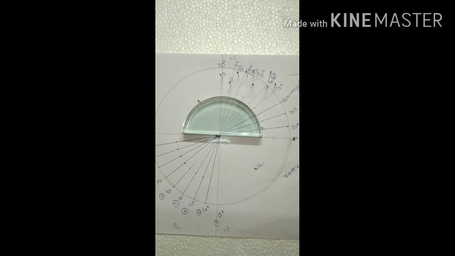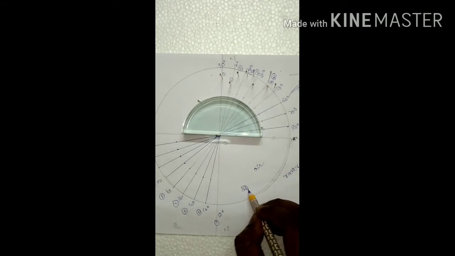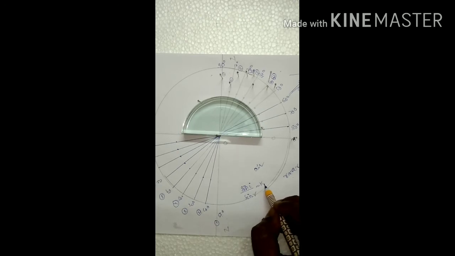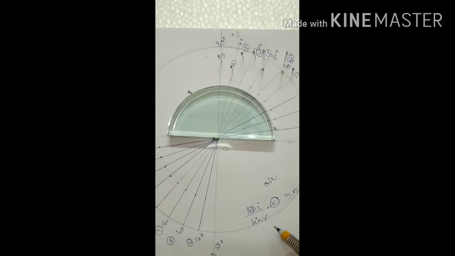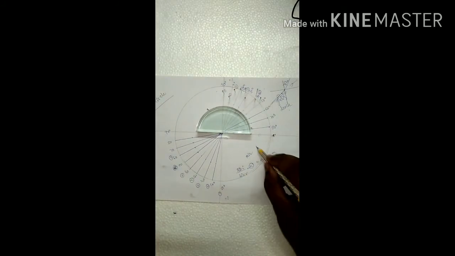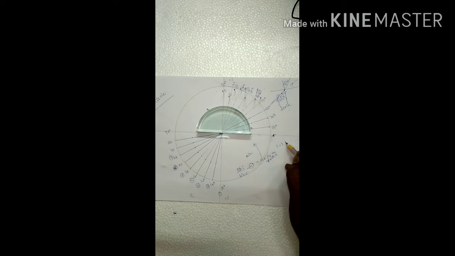From this concept, we can say that the sine of the angle of incidence to the sine of the angle of refraction is always constant. This constant is equal to the refractive index. In the CBSE curriculum, n is represented by the letter mu. In this experiment, I calculated the mu of this glass slab as 1.29.